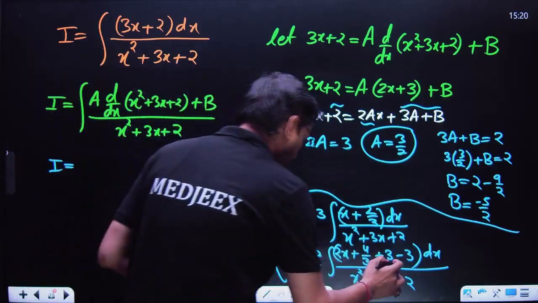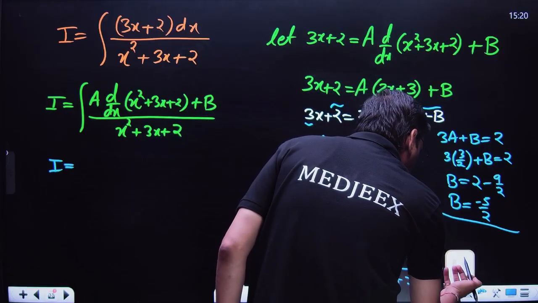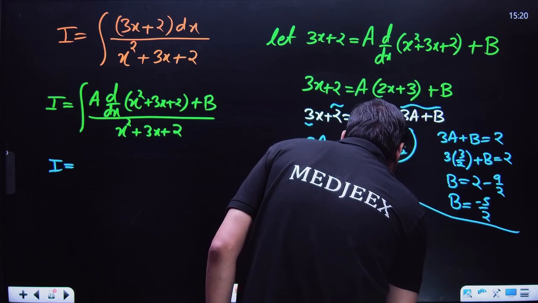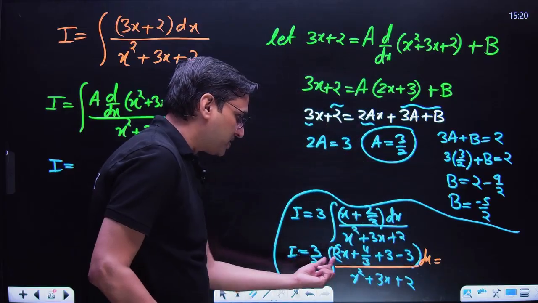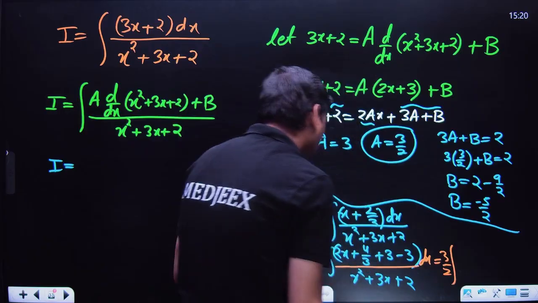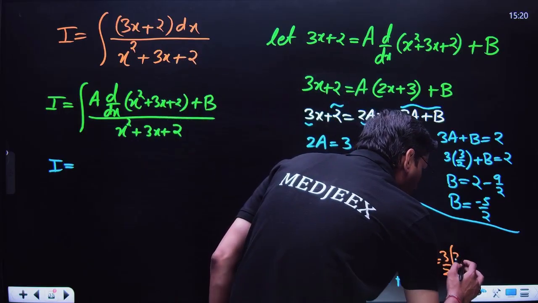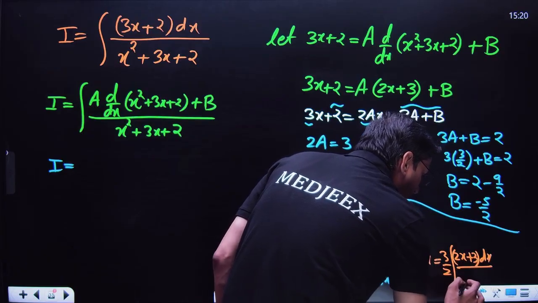Just see, dx. Now you can multiply this 3 by 2 inside. You will see 3 by 2 integration of 2x plus 3 into the first part, and into the second part, the denominator will remain the same.